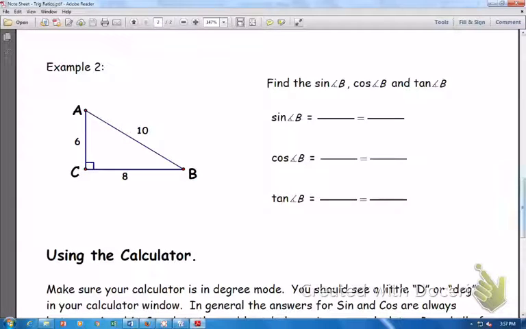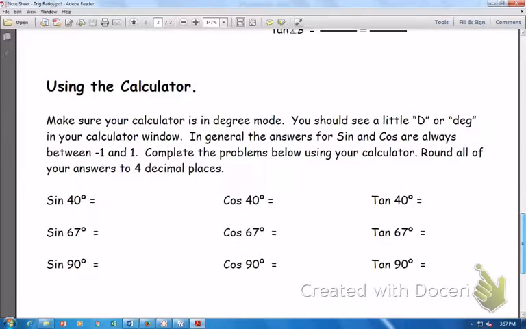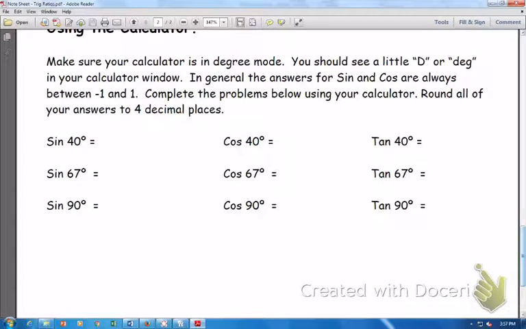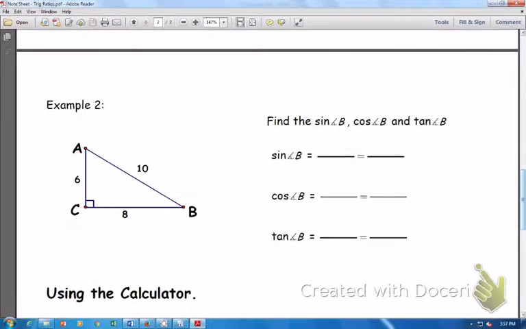Furthermore, if I don't have the triangle, I can still figure out the value of that ratio. Because here's the thing.